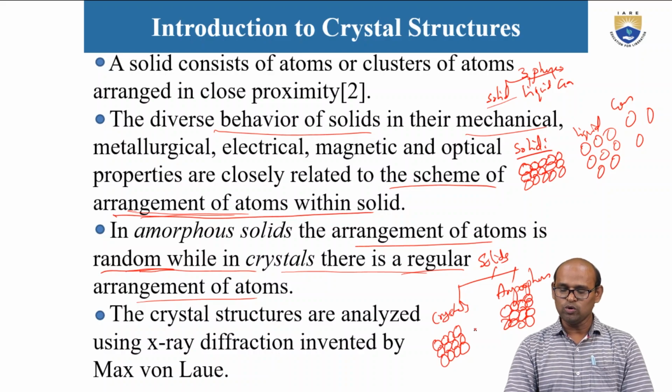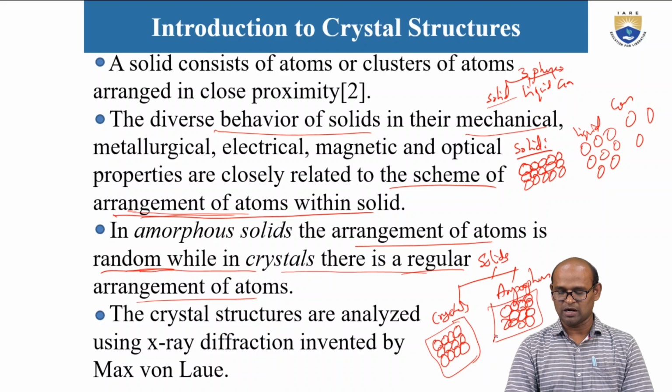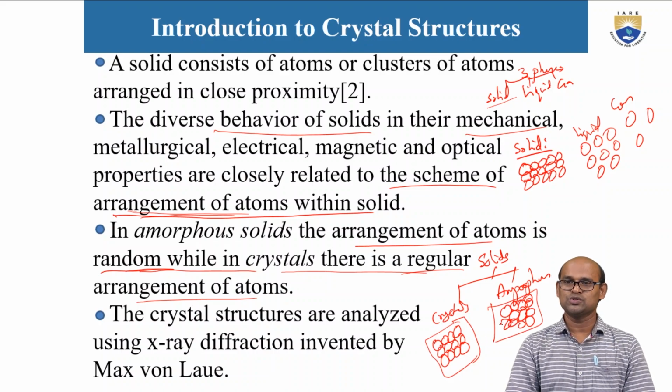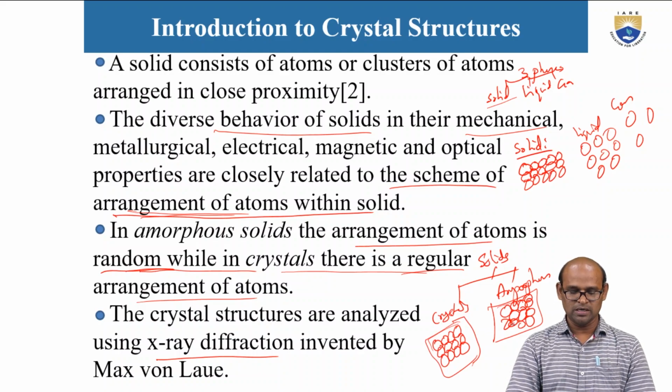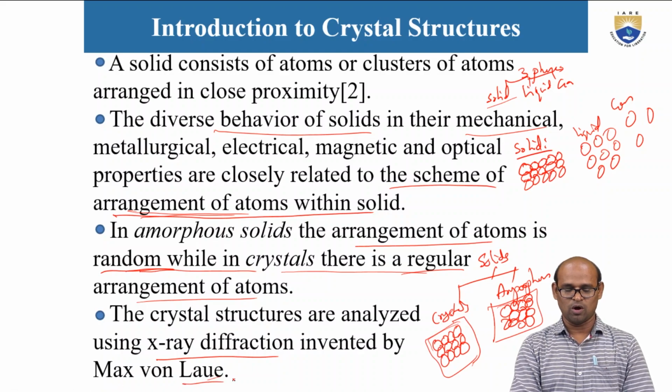And how do we understand whether the atomic arrangement is regular or random? This can be understood using X-ray diffraction. Using this experimental technique, you can understand whether a material has a crystal structure with a regular periodic arrangement of atoms, or a random arrangement of atoms. X-ray diffraction was first invented by Max von Laue.